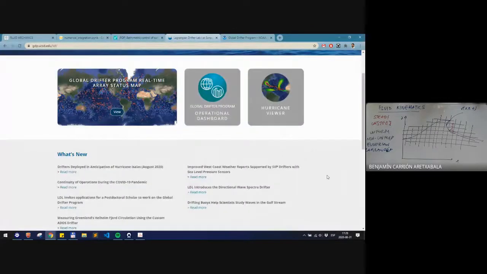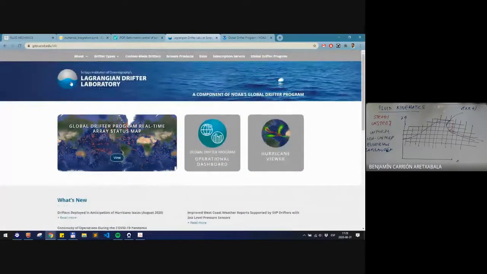Before we go to the break, let me show you this. This is a Lagrangian drifter laboratory of NOAA. NOAA is a huge American institute for ambient science, and they have a global array of drifters.